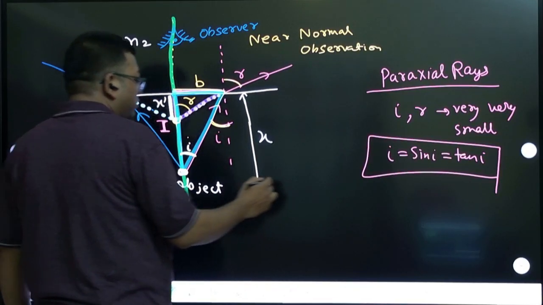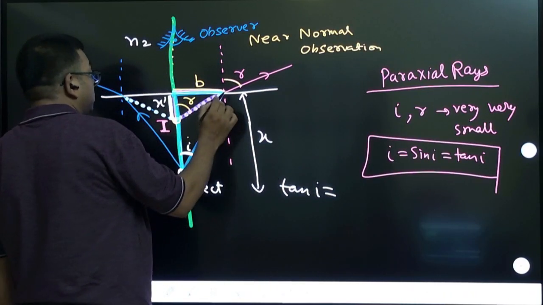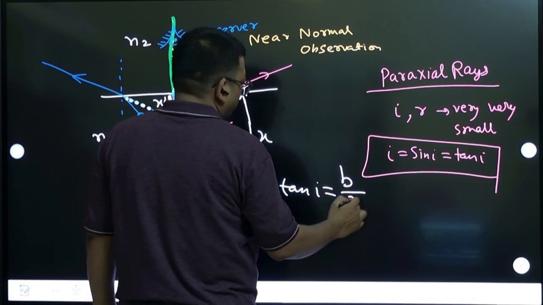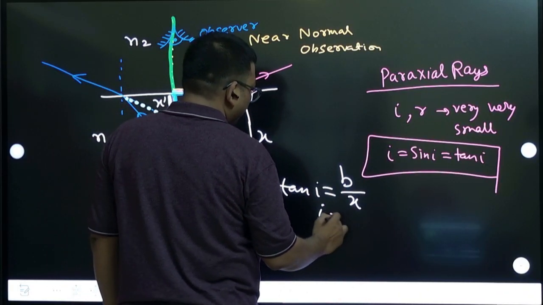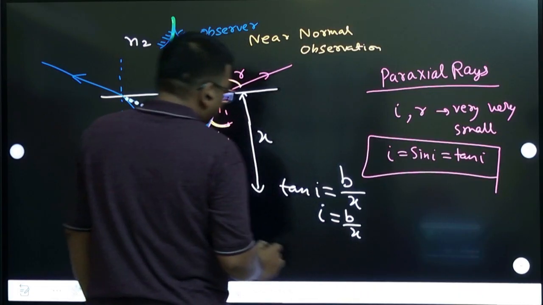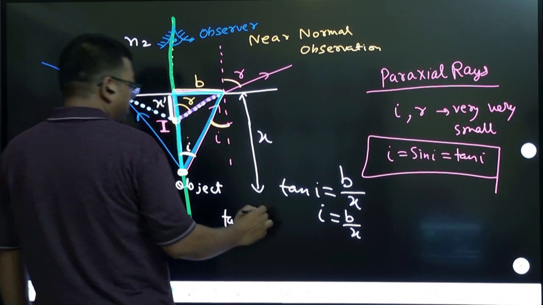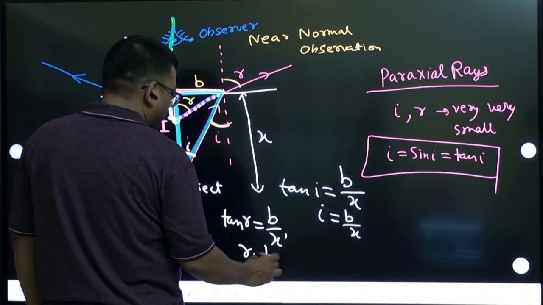So let us find out tan I. Tan I in this triangle is B by x. So tan I is same as I only because it is very, very small. And similarly, what is tan R? Tan R is B by x dash. Again, this angle is small, so R is B by x dash.